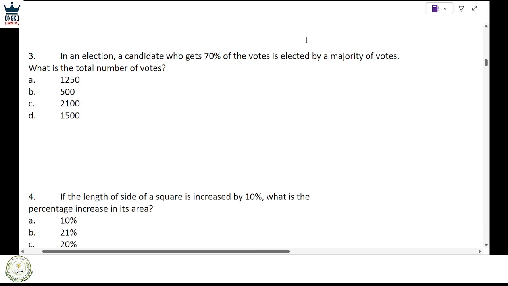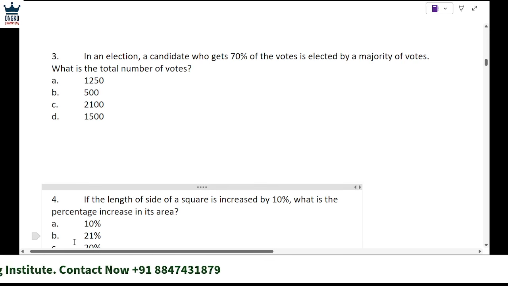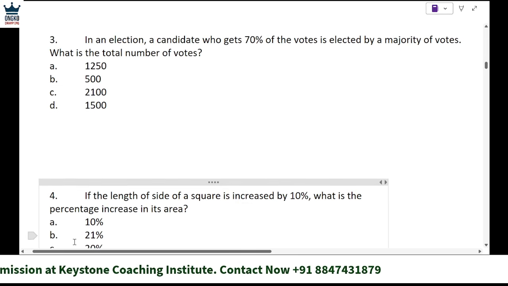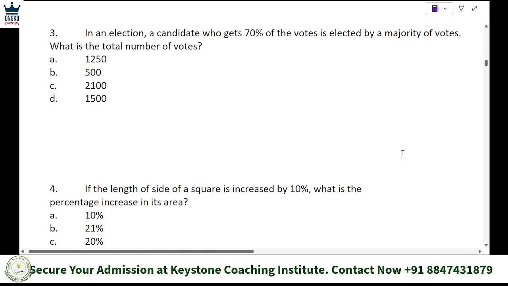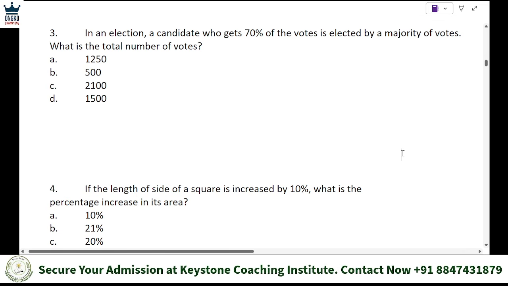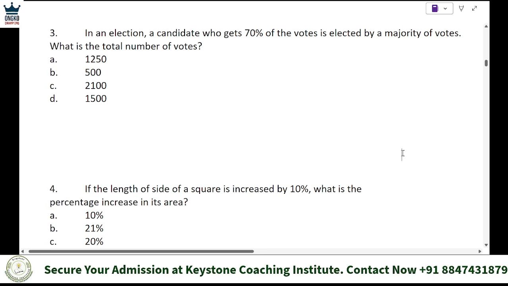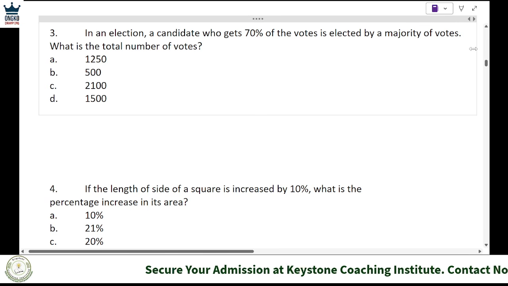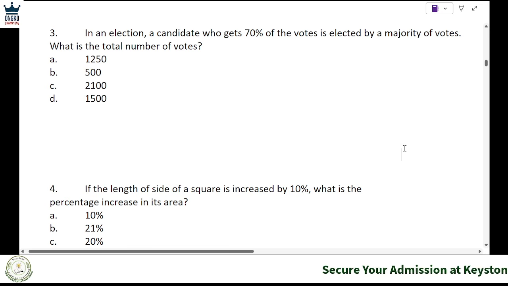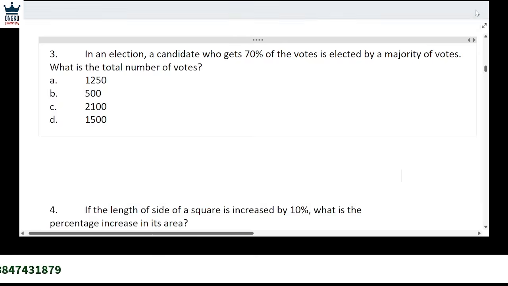Let me make it a bit bigger. Here we have: in an election, a candidate who gets 70% of the votes is elected by a majority of some votes. What is the total number of votes? I think the question has an error. Let me check the question.